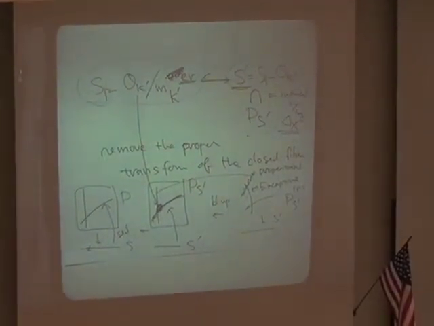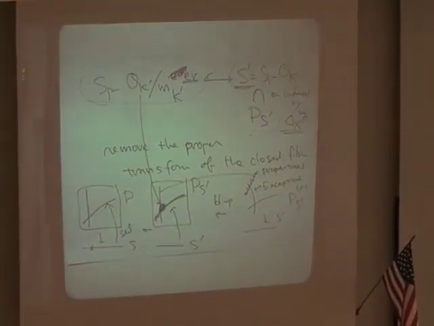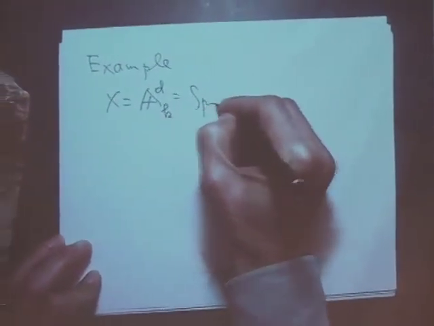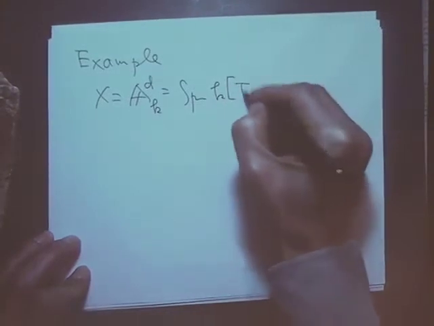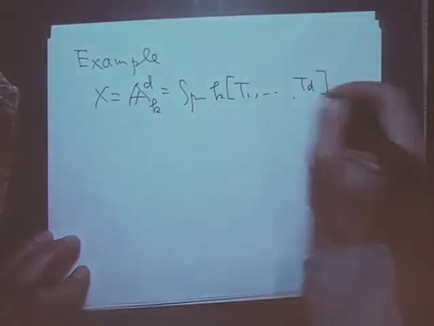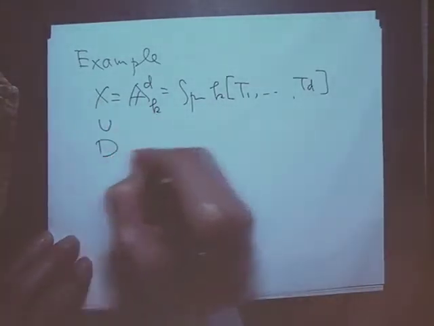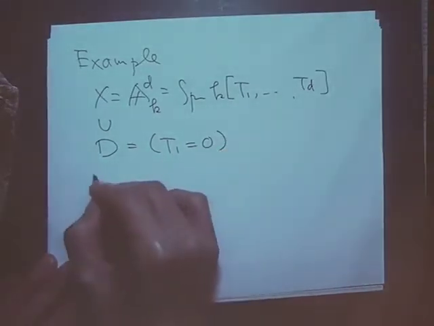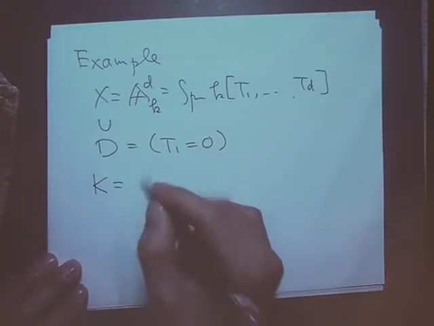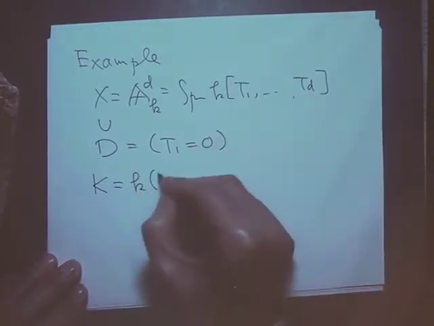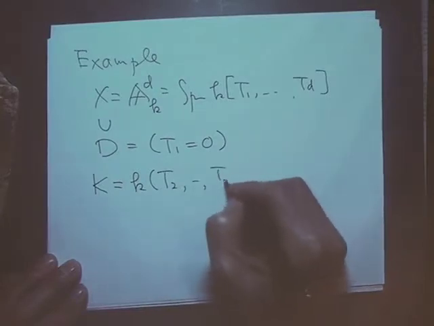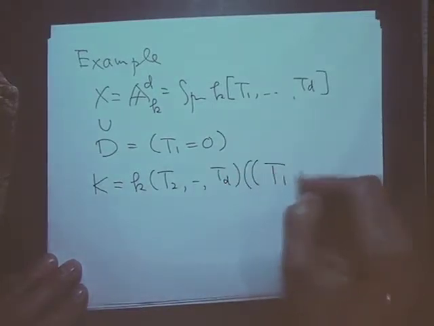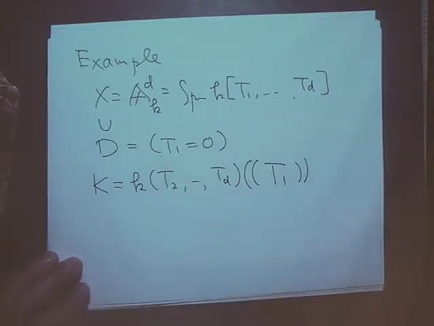So let me give you a concrete example. X is just an affine space as before. Okay. And D is defined by T1 equals 0. Then our local field has the remaining parameters, and the uniformizer is this T1.